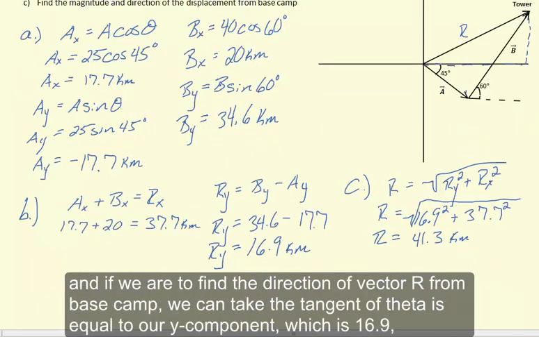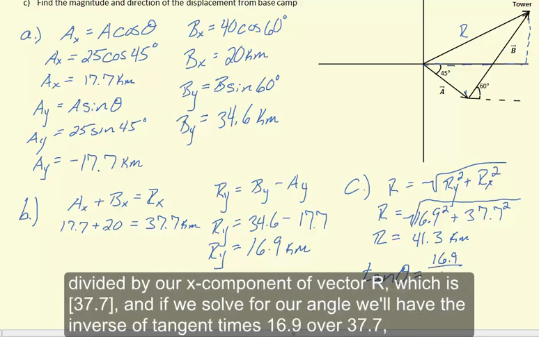kilometers. And if we are to find the direction of vector R from base camp, we can take the tangent of theta is equal to our y component, which is 16.9, divided by our x component of vector R, which is 37.7.